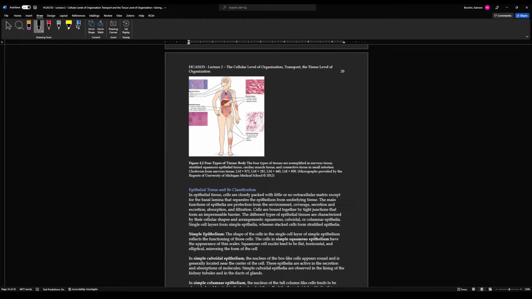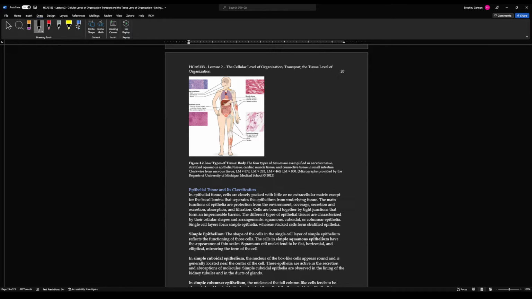Nervous tissue makes up the brain, the spinal cord, and nerves. We have muscle fibers. There's 3 main types of muscles: cardiac, smooth, and skeletal. We have connective tissue. There's many different types of connective tissue, but this is going to include things like the bones, your tendons, even your blood is a connective tissue. Fat is also a connective tissue.